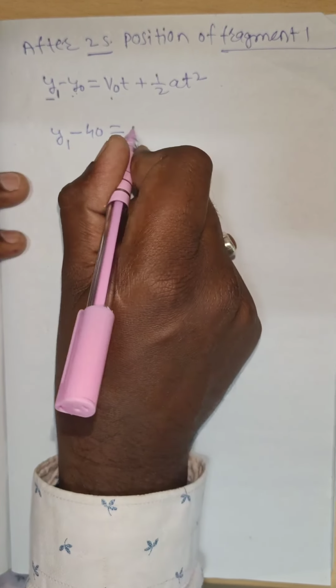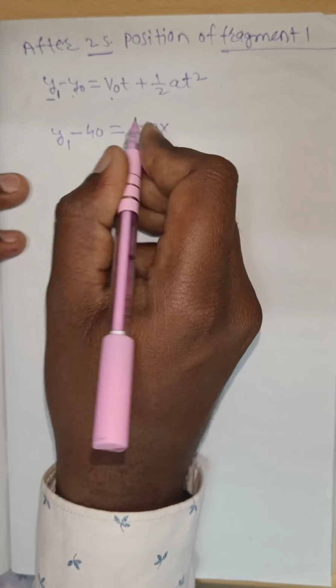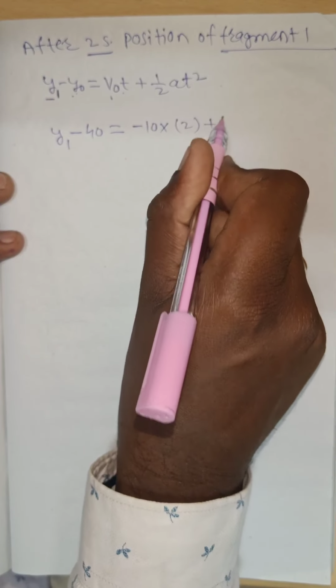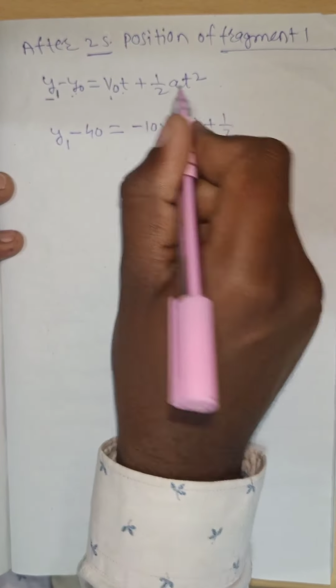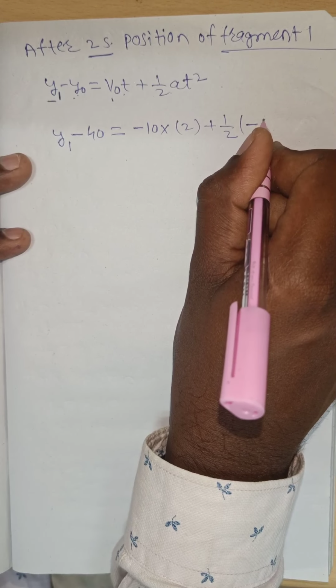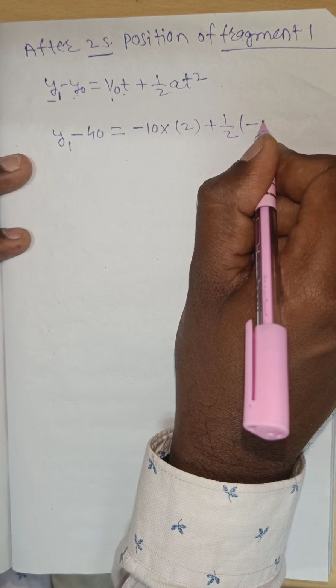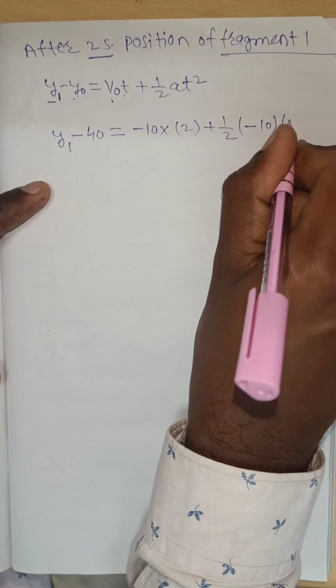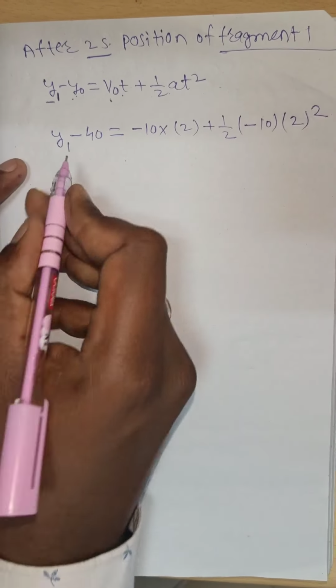Therefore its velocity is minus 10 into the time, which is 2 seconds, plus half, the acceleration is minus g, that is minus 10, into t square, t is 2, therefore 2 square.